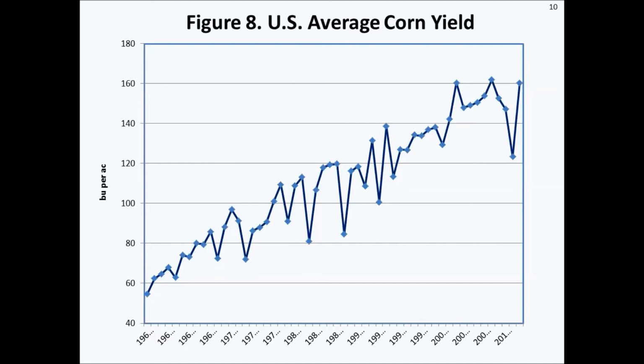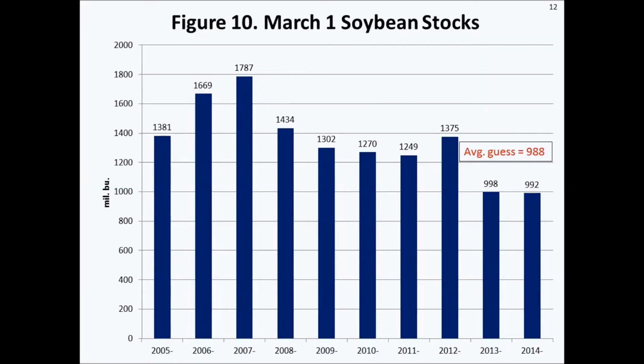We then condition those actual yields based on weather conditions, so we try to normalize weather conditions over time, and as a result then we would calculate a weather-adjusted trend yield, and we show that then in the balance sheet for 2014-15 at 163.2 bushels per acre.